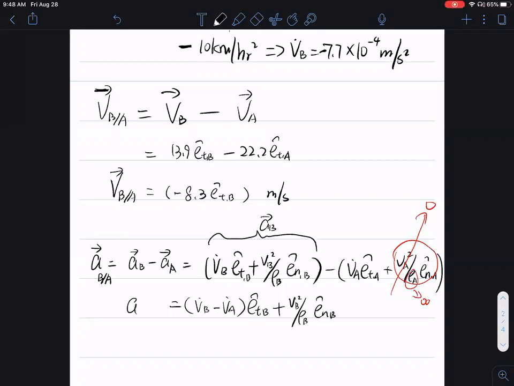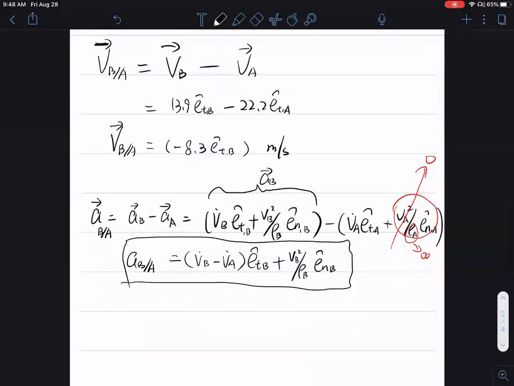That is the relative acceleration of B with respect to A. If this is the symbolic solution on your homework or exams, highlight that, then you can plug in numbers.